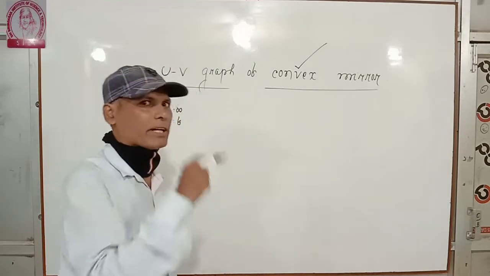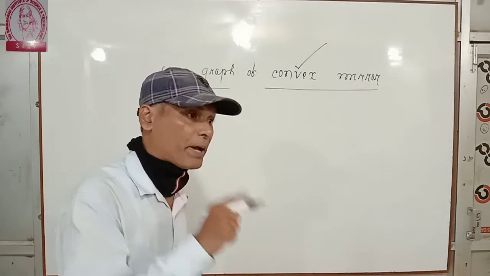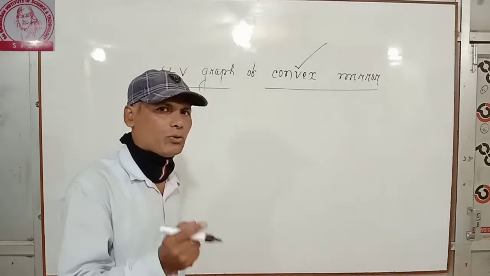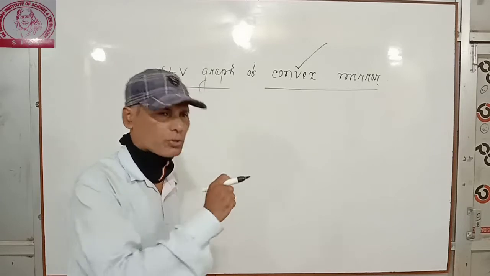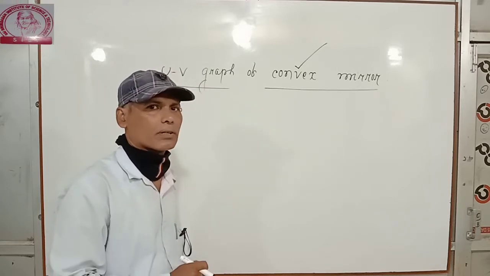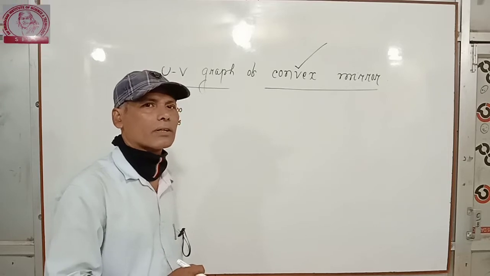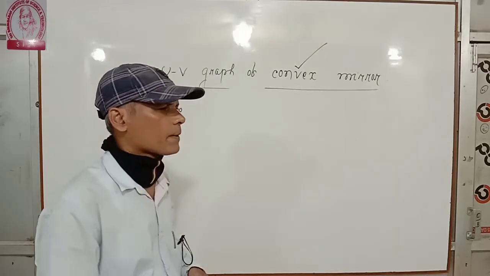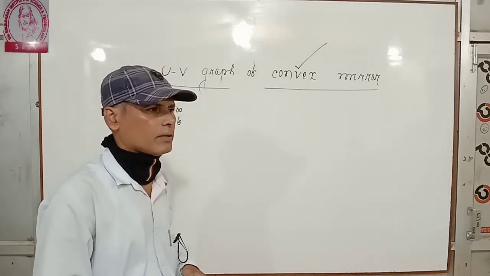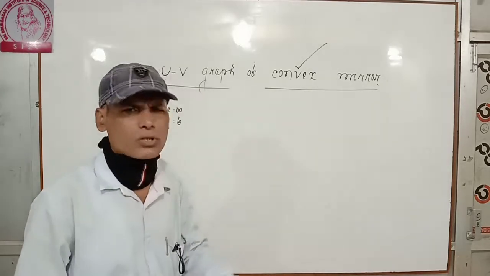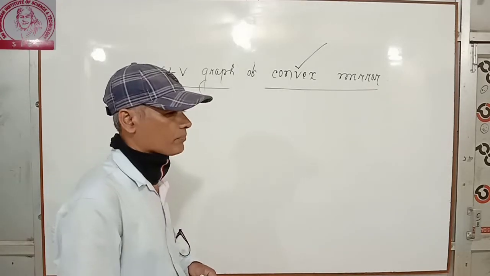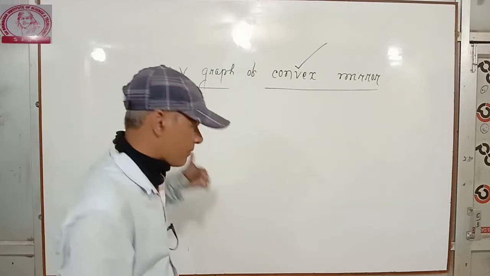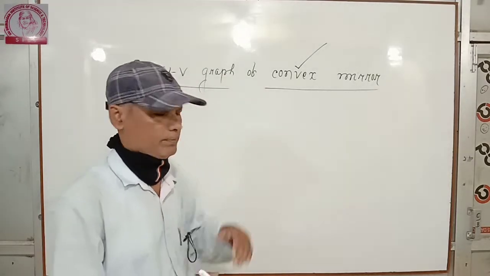But in case of concave mirror, the maximum value of V was infinity, as well as the maximum value of U. That means the movement of object in concave mirror given in the notes and in the books extended from infinity to pole.